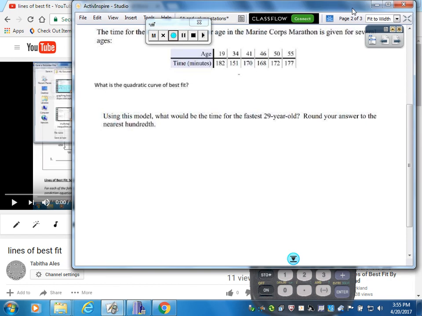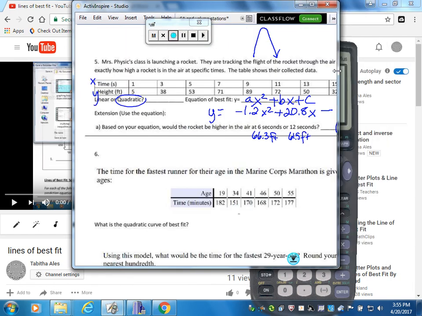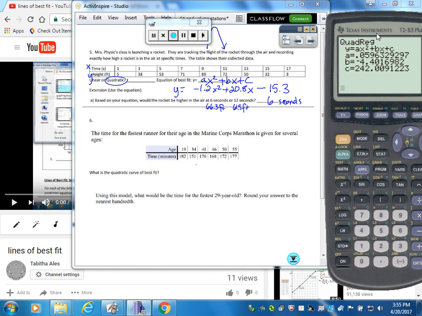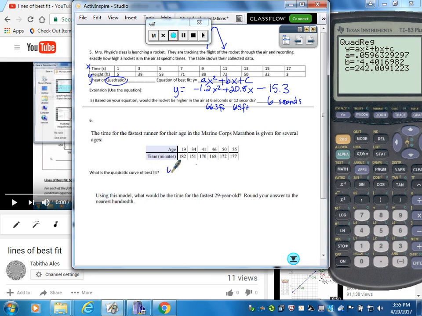Let me make this a little smaller here so I can see the calculator at the same time. So we've got y equals, our a is going to be 0.06. We're going to take that to the 100th because we don't really have a 10th value there. Make it more accurate.